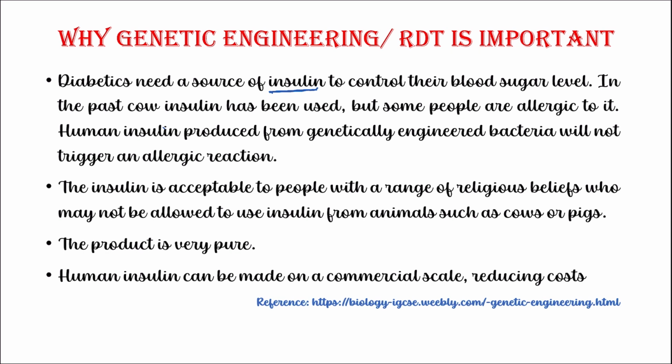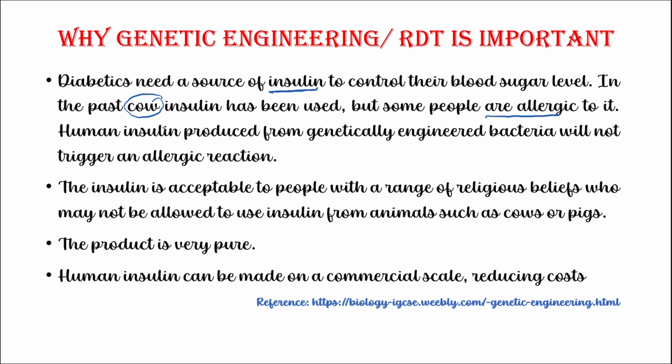I have already shown you. But initially, we used to take this insulin from cows, which is offensive for some people in several ways. Some people are allergic to it, and some people are offended because of their religion.